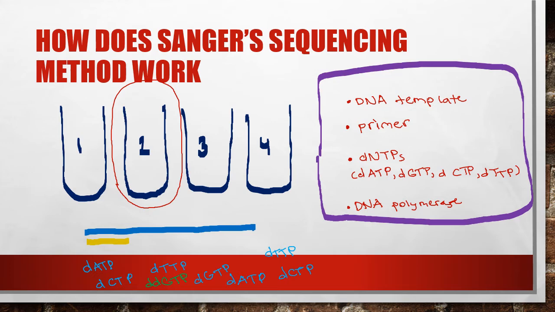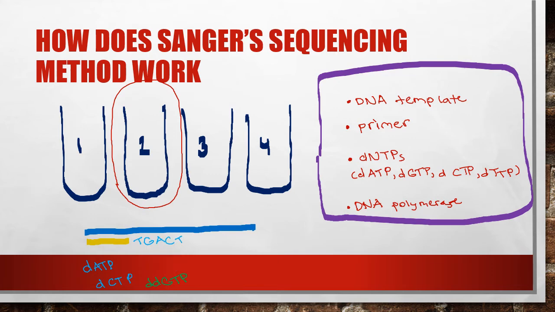In this case, in test tube 2, you have ddGTP. DNA polymerization occurs, and you have the adding of different nucleotides to the DNA template.